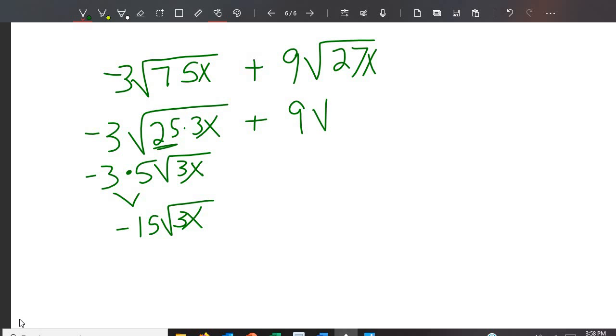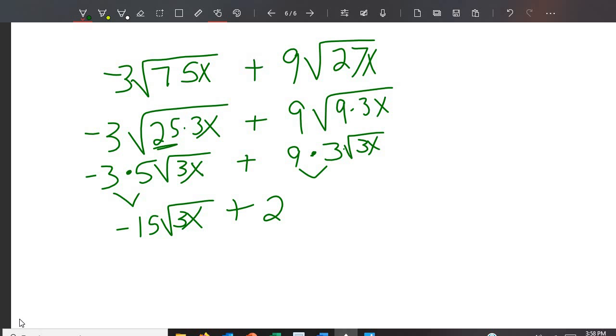The 9, let's break it apart. 9 times 3 is 27. I can take the square root of the 9, so I got this 9 in front. Then we take the square root, and we get 3x. Multiply the 9 and the 3, we get 27 square root of 3x. Now, I combine the negative 15 and 27.